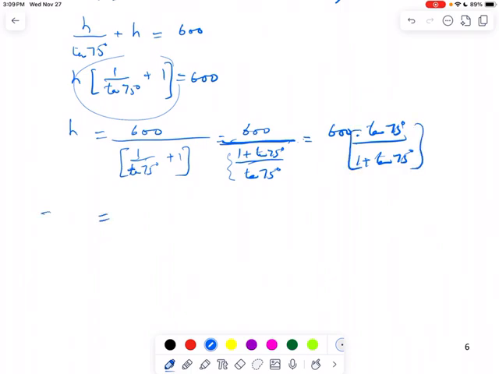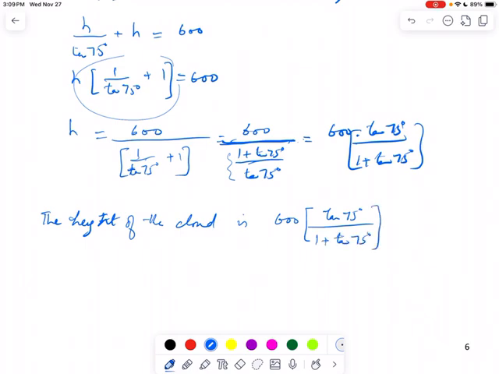So the height of the cloud is so many meters.